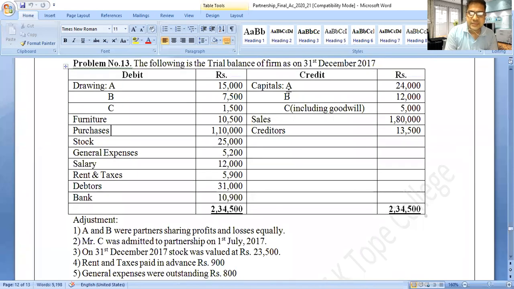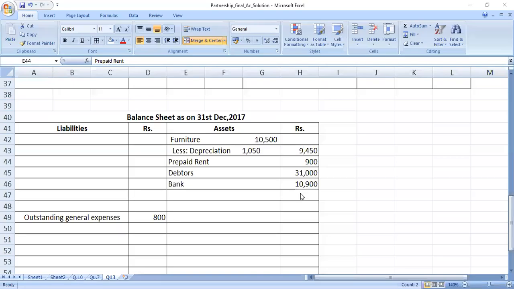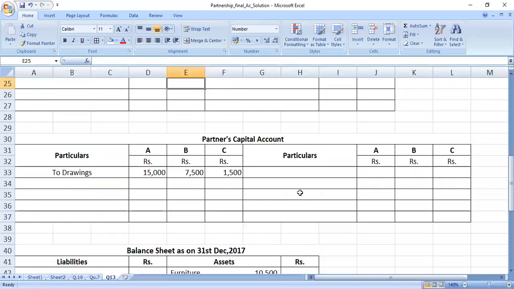Capital balances they are provided. A's capital 24,000, then B's capital 12,000, C's capital 5,000. So capital balances we have to show in the partners capital account, credit side.